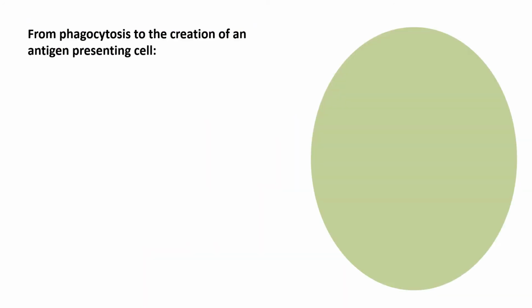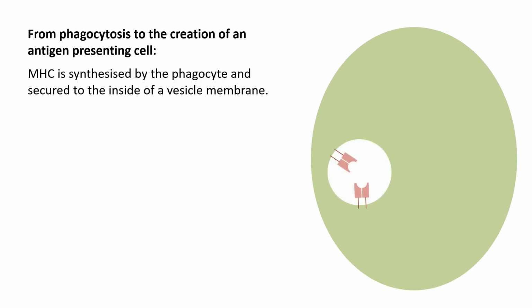Okay, so let's go through it in a bit more detail. Meanwhile, while we're doing phagocytosis, MHC is synthesized through normal protein synthesis by the phagocyte. It's secured to the inside of a vesicle membrane. So this comes out of the Golgi apparatus as a structural protein we've made.